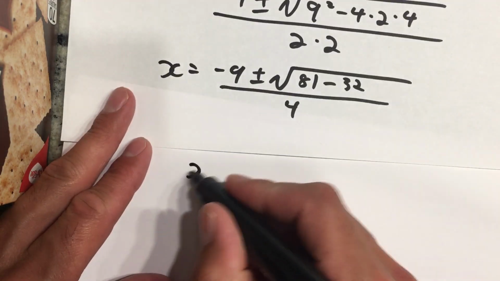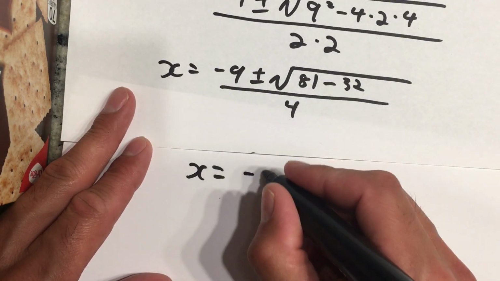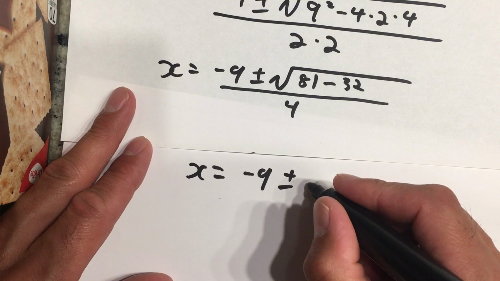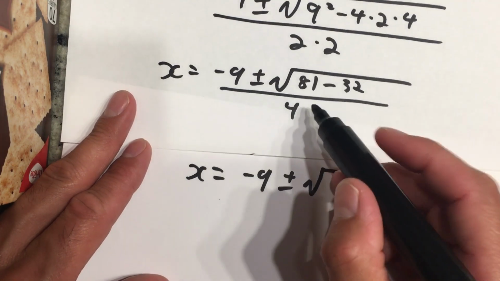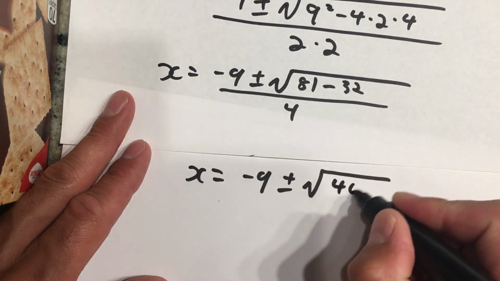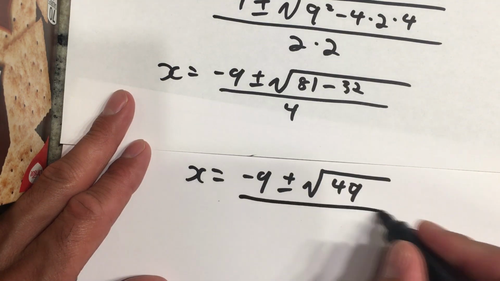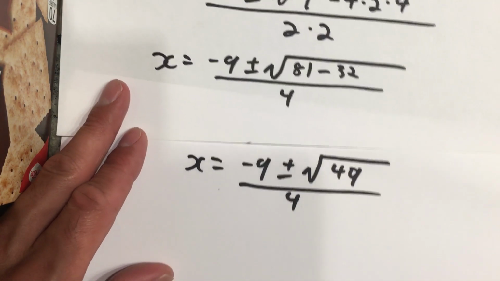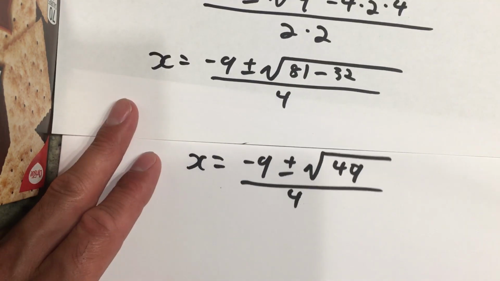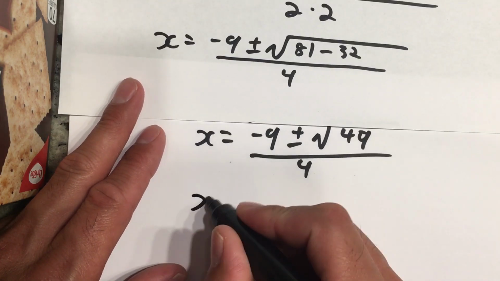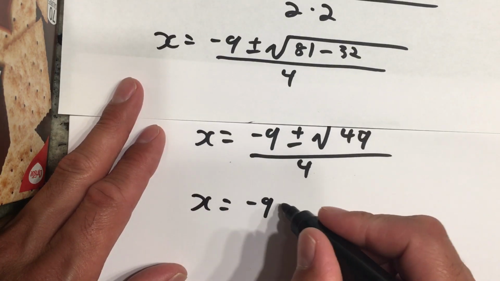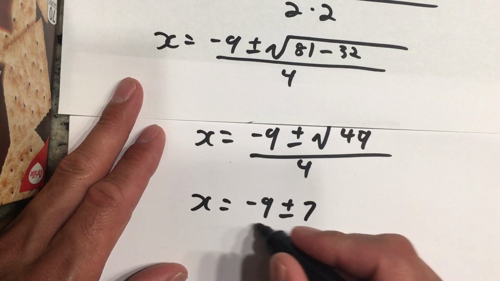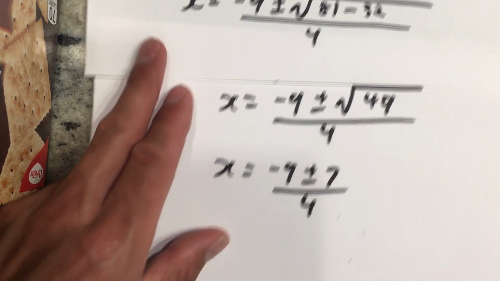So we have x is equal to negative 9 plus or minus the square root of 49, all over 4. The square root of 49 is 7, since 7 times 7 is 49. So x is equal to negative 9 plus or minus 7 all over 4.